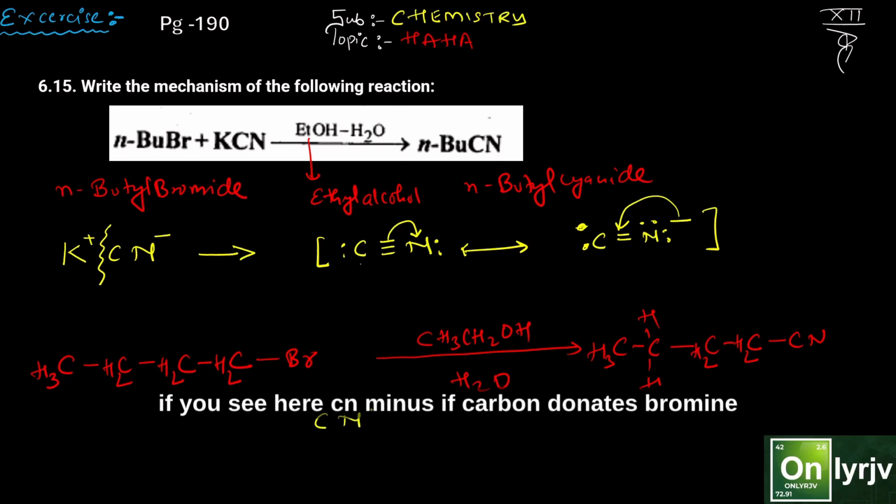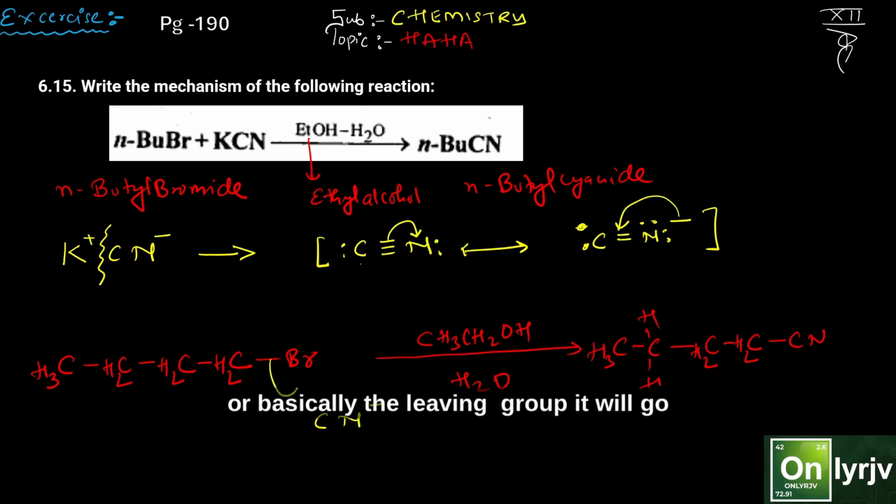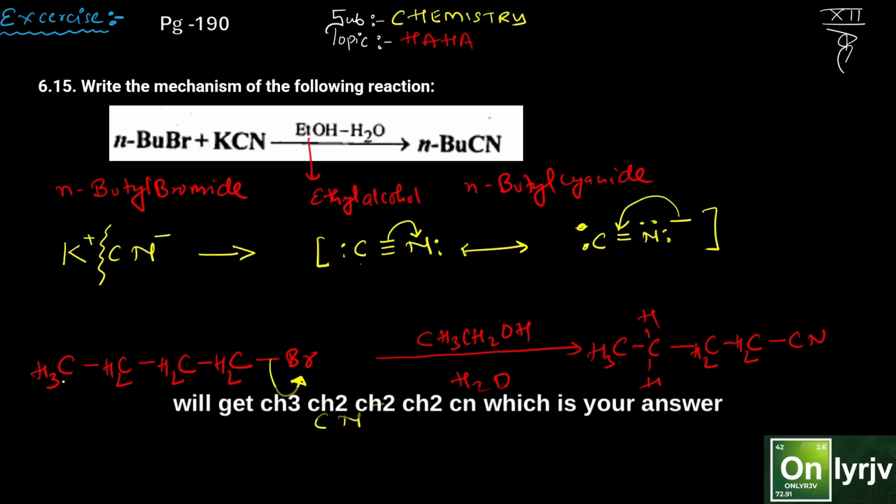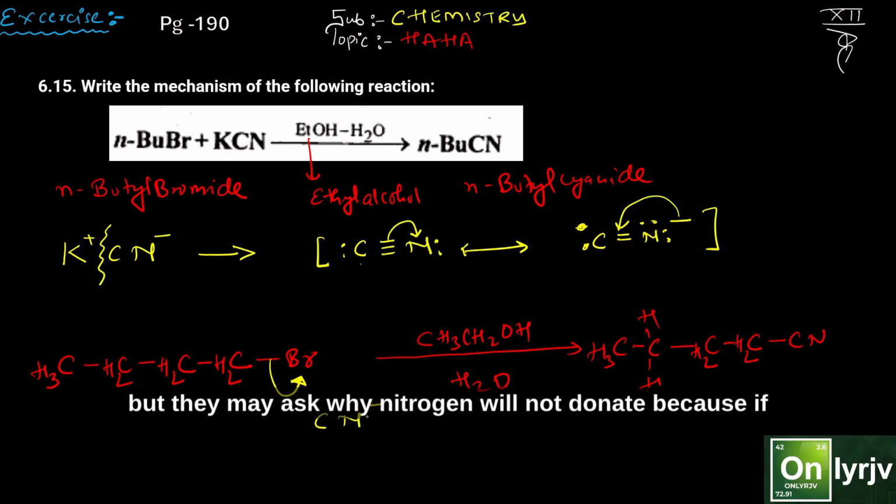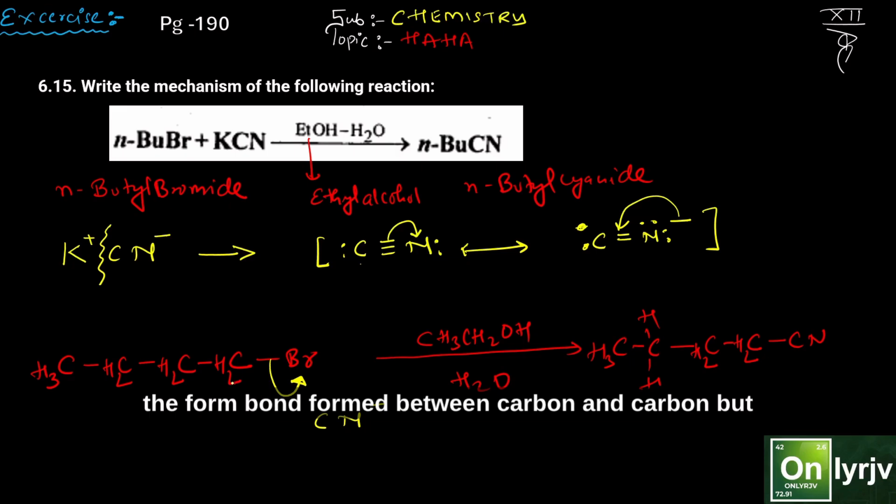Now if you see here, CN-, if carbon donates, bromine obviously is a leaving group, it will go from here and carbon will join here. So you will get CH3CH2CH2CH2CN, which is your answer. But they may ask why nitrogen will not donate. If carbon donates, the bond forms between carbon and carbon.